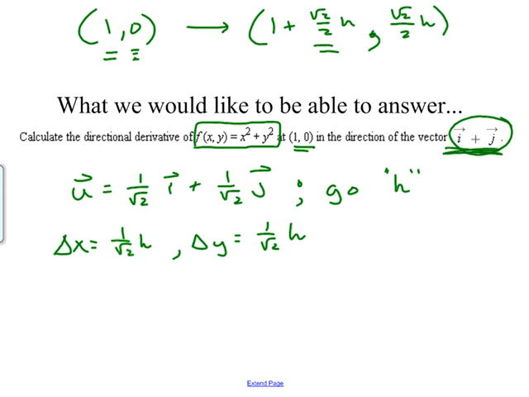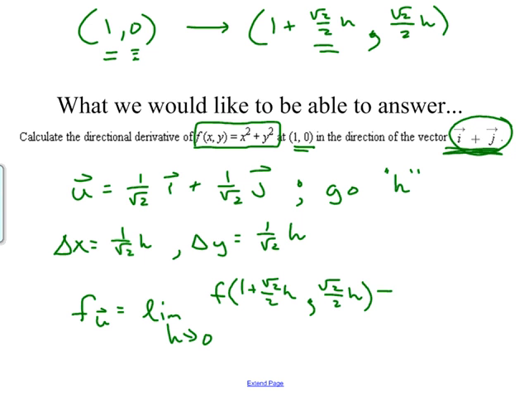So therefore, my directional derivative in the u direction equals the limit as h approaches 0 of f of 1 plus root 2 over 2 h, comma, root 2 over 2 h, minus f of 1, 0, all over h.